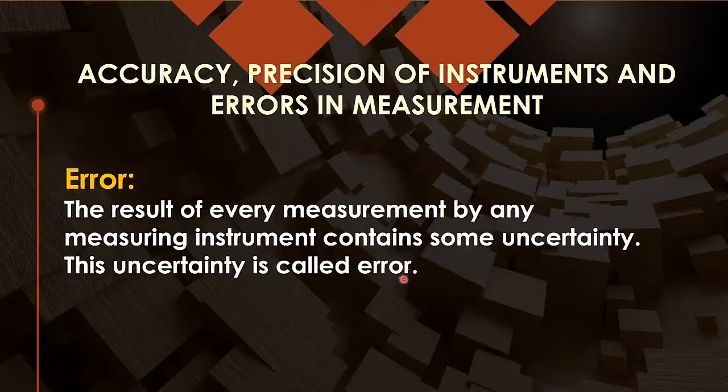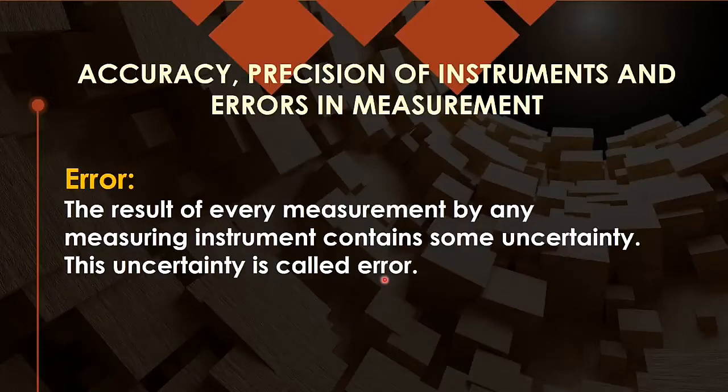Like if you are taking the observation with the meter scale, then 1 centimeter is divided into 10 parts, which means each division is 0.1 centimeter. So you can measure 2.2 centimeter, 2.3 centimeter. Sometimes you are lying between 2.2 and 2.3.